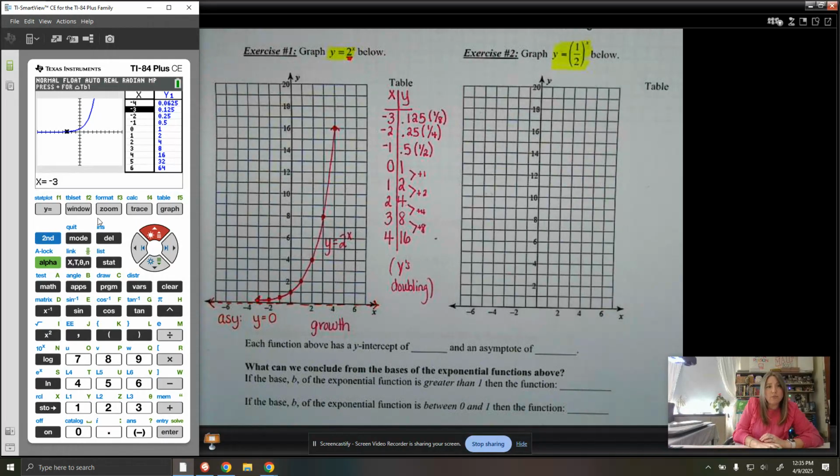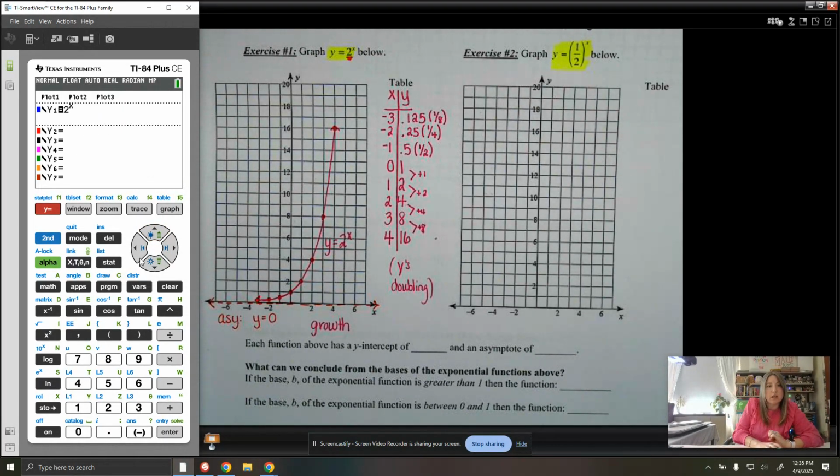So in our graphing calculator, I'm going to press y equals, and actually, if you don't mind, I'm going to leave y equals 2 raised to the x power. Just arrow over to your equal sign and press enter. Notice the equal sign is no longer highlighted. And if the equal sign is no longer highlighted, that means I won't see any of the points that make up this function I'm about to type in, but I keep that old function present, okay?